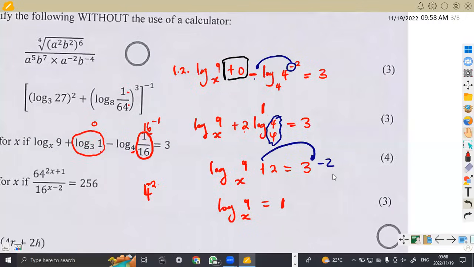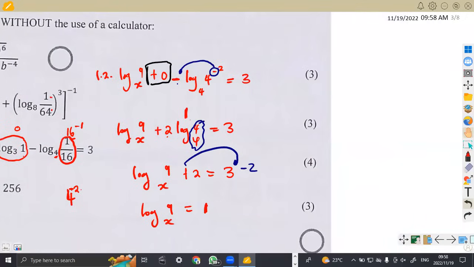I mentioned previously that the logarithm of a number in base of that same number is 1. So for us to have 1, this x is supposed to be equal to 9, so that the number and the base are the same. So therefore our x was going to be 9.